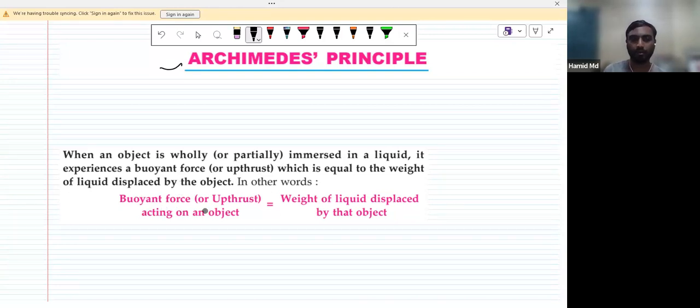In other words, the buoyant force, the upward thrust on an object, is equal to the weight of the liquid displaced. We discussed all of it. Now it is time to write down the definition.